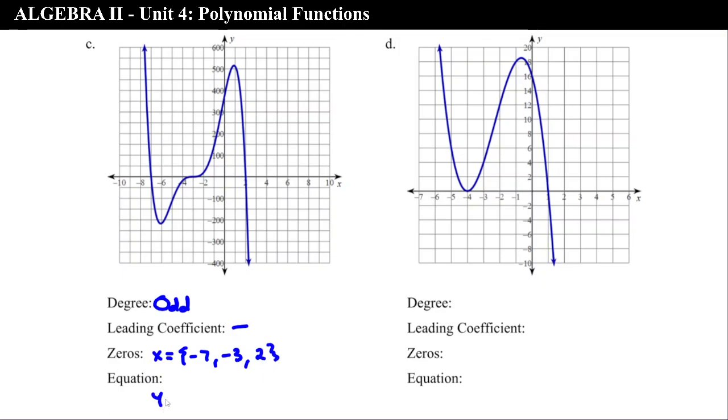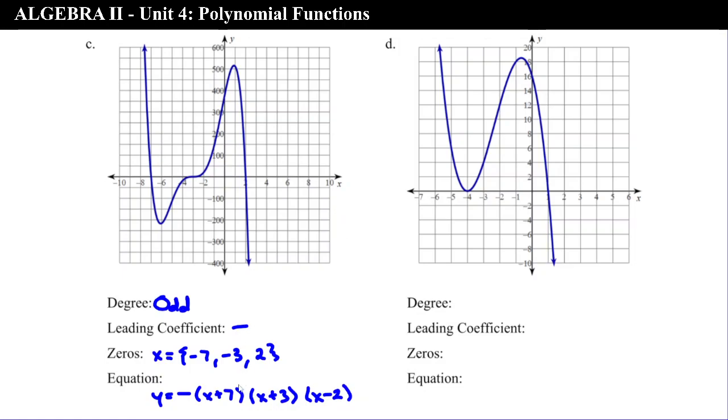And so we're going to start our equation. Now this is important. The leading coefficient is negative, so we got to start with a negative on this one. And then we're going to do what we did before. So we've got x plus 7, x plus 3, and x minus 2.